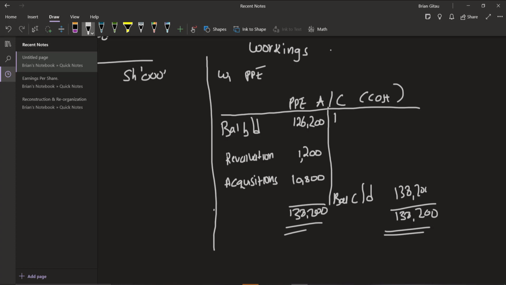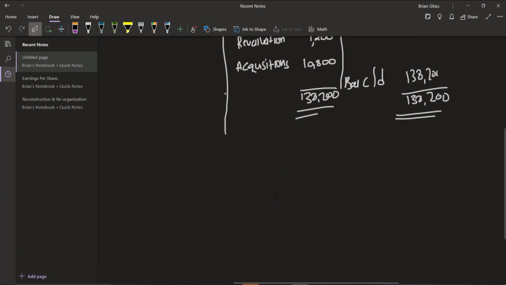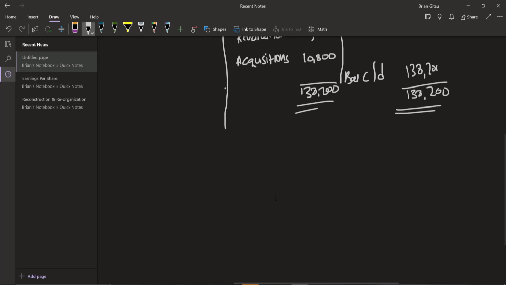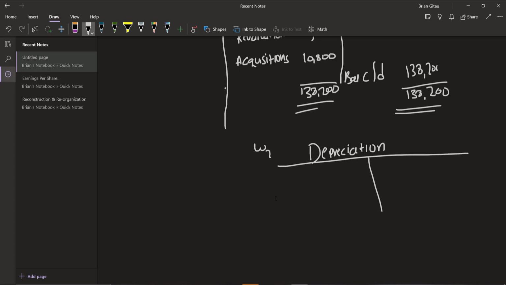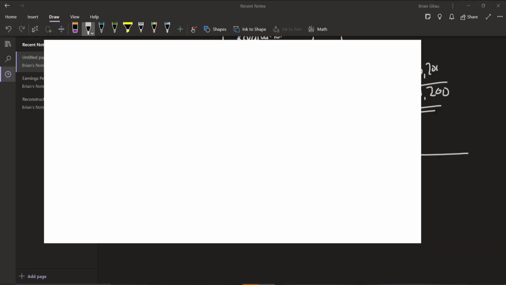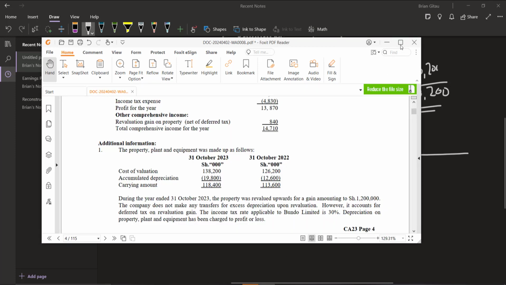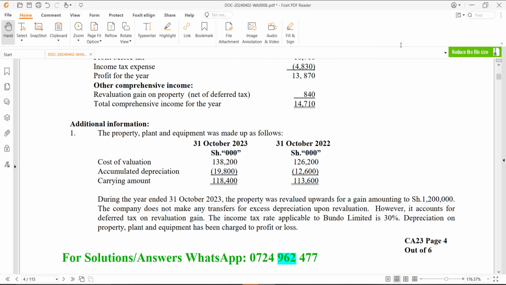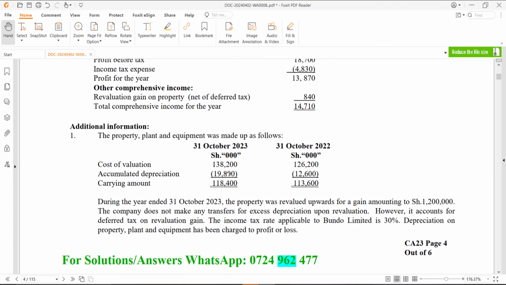So let's go ahead and prepare now the depreciation account. So this is working 2, depreciation. We go back to our question and check the accumulated depreciation.